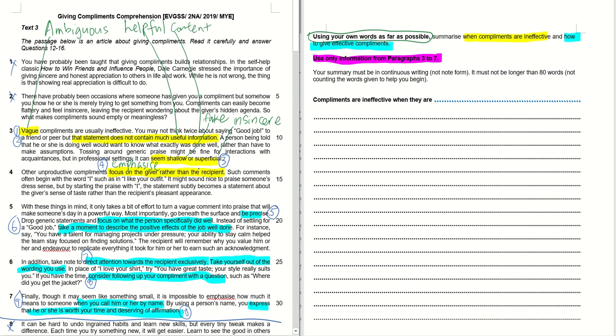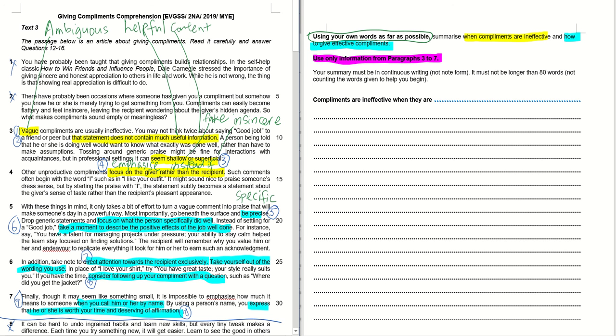Rather than means instead of. Okay, be precise, focus on what the person specifically did well would mean be specific.